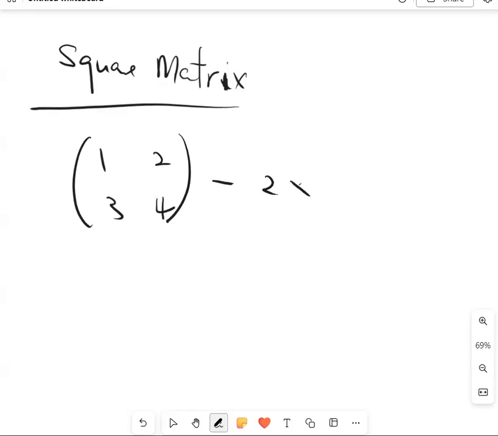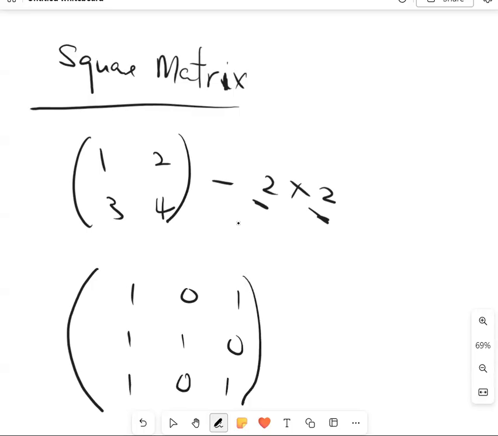So that's a 2 by 2. When the number of rows and the number of columns is the same, you can have 3 by 3 too. You can have 1, 0, 1, 1, 1, 0, 1, 0, 1. This is what we call a 3 by 3 matrix, right? These are all square matrices.